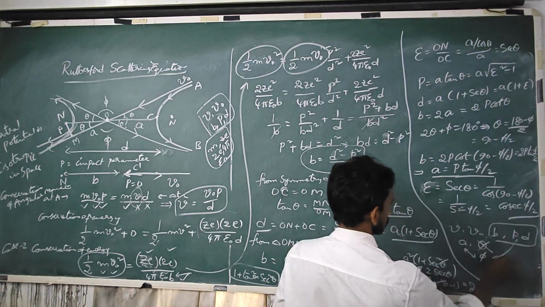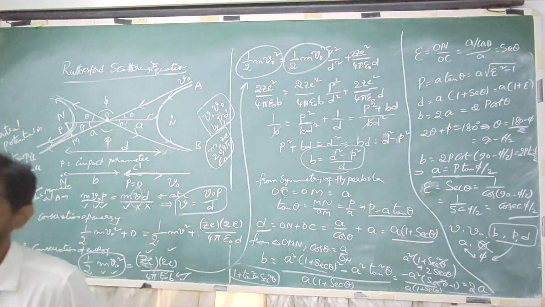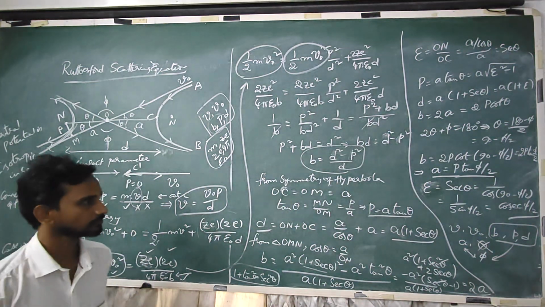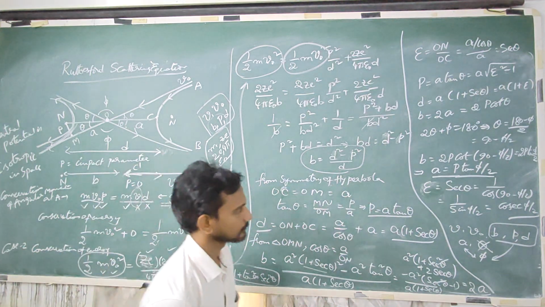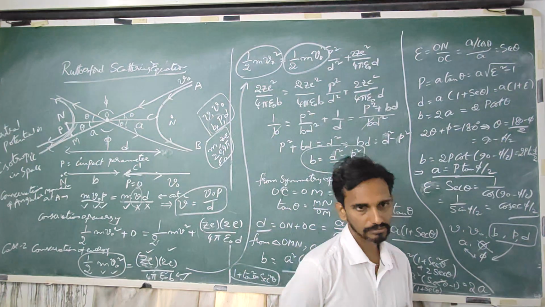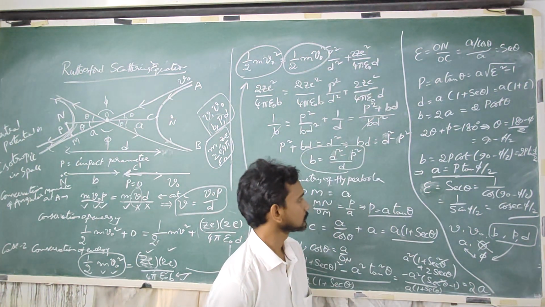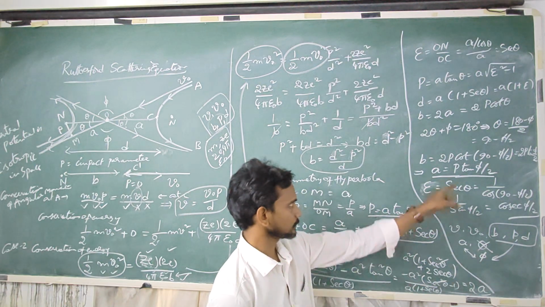So still one variable is floating. Instead of P and D, you can write A and phi, that's all you are left with.